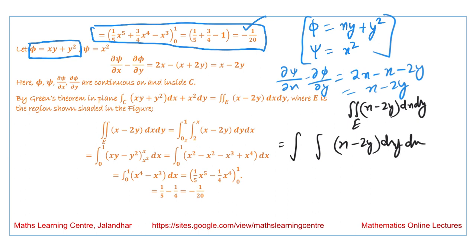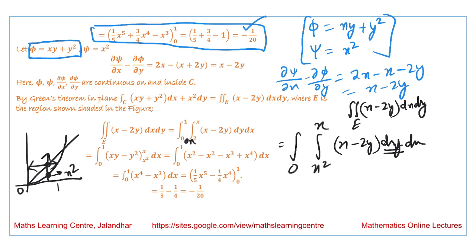If we look at the region again, y is varying in this direction, from this point to this point. At this point the value of y is x square, and it varies up to x, and the value of x varies from 0 to 1.